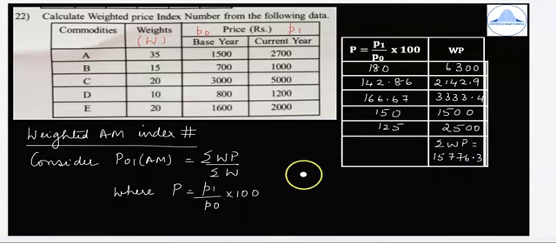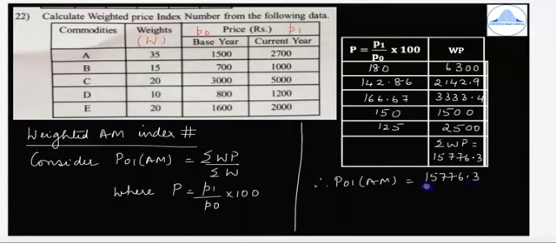So now the last step, we need to calculate P01 of AM. So therefore, P01 of AM is equal to 15,776.3 divided by summation W. If you add up all the weights, you will get summation W as 100.